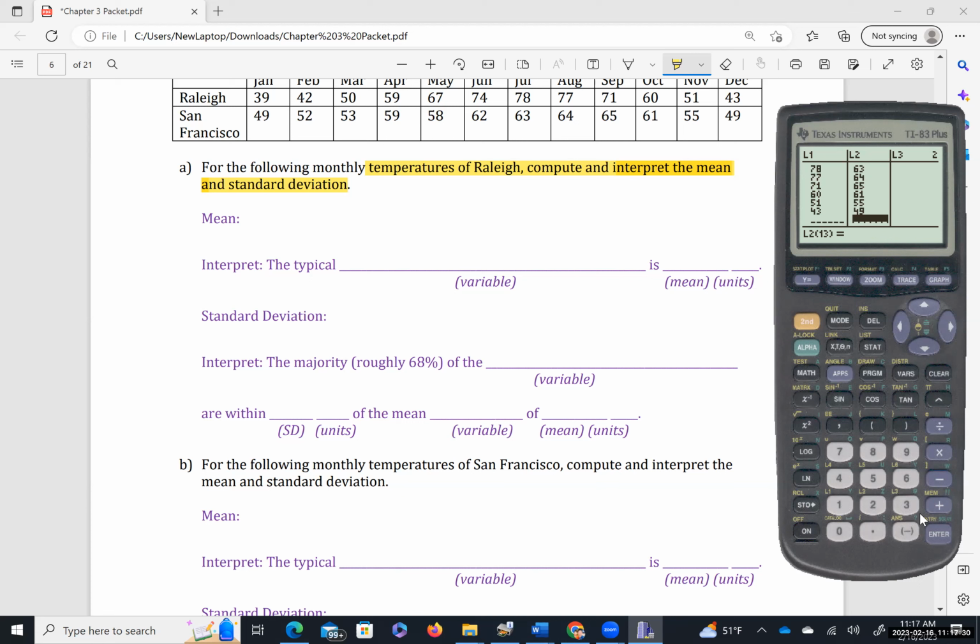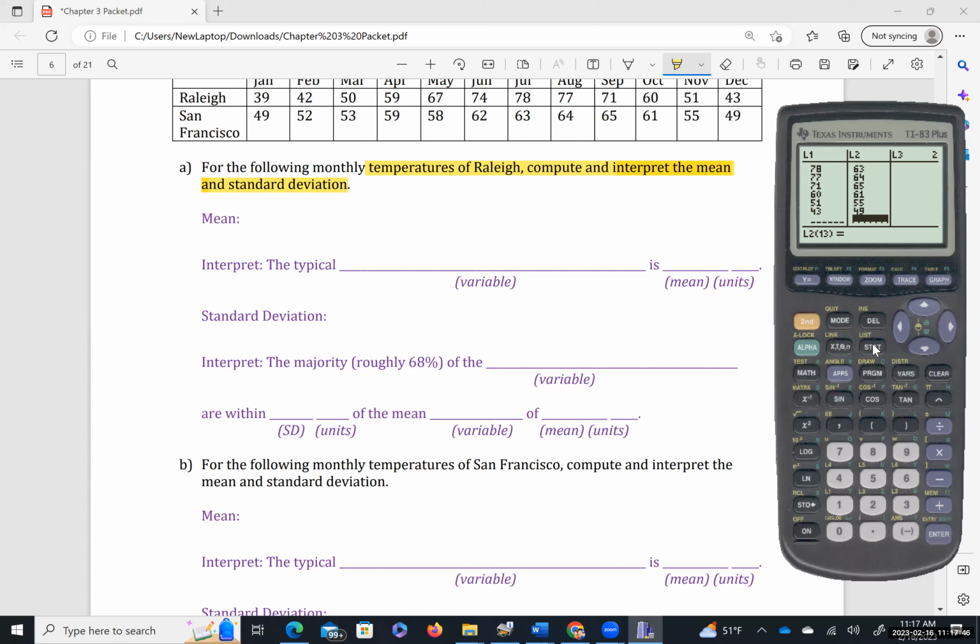Okay, so after inputting everything, I want to make sure that L1 here stands for Raleigh and L2 stands for the San Francisco data values.